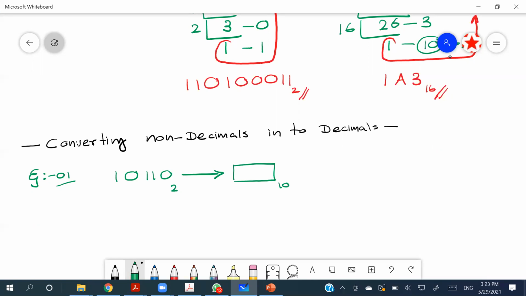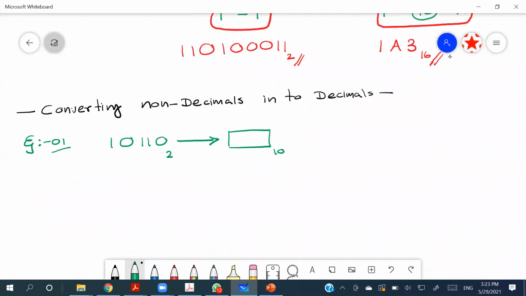Right? So what we are going to do is, first we are going to take the binary value and write it down again. It's better you write it with a little space in between the characters, because we need to consider something called place value over here.